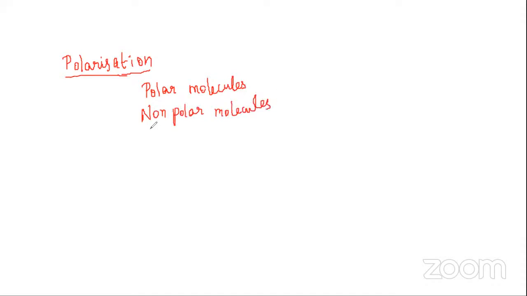Can anyone tell me the difference between the polar and non-polar molecules? Polar molecules are ones in which there is a charge on each of the molecules, and it attracts each other. Non-polar is when there is no charge, sir. Actually, you can refine your answer.